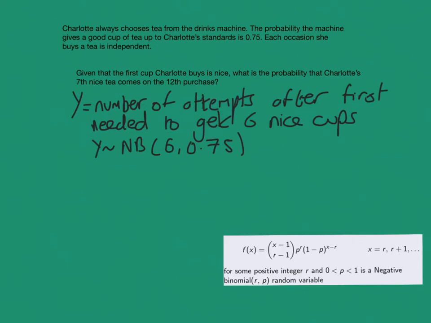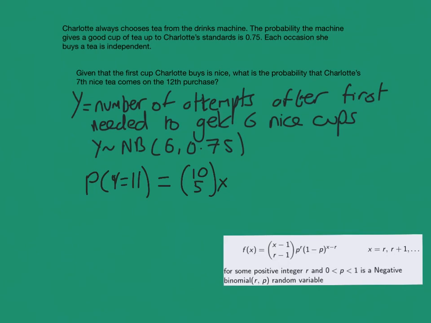Right, let's apply the formula. So the probability of Y equal to 11, we want the 6th success on the 11th go, because we've already had that 1 success. So it's going to be 10 choose 5, which is 11 minus 1 choose 6 minus 1.